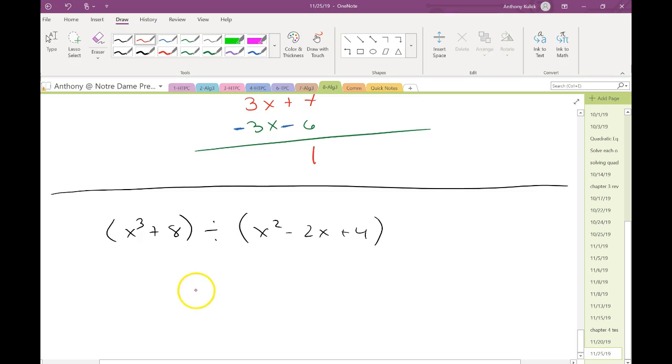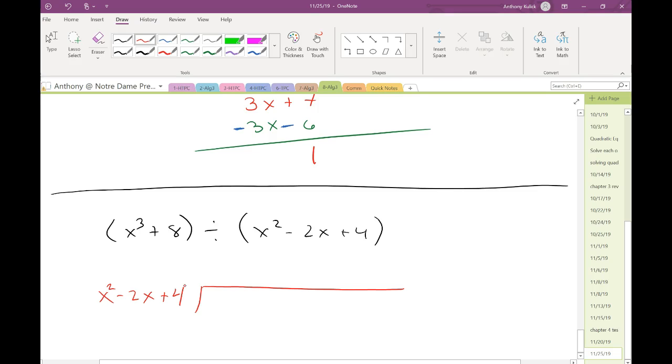So let's set this up. We'll draw our division bar. What's going to go on the outside of the division bar? Not x cubed plus 8. On the outside of the division bar should be the divisor, x squared minus 2x plus 4.